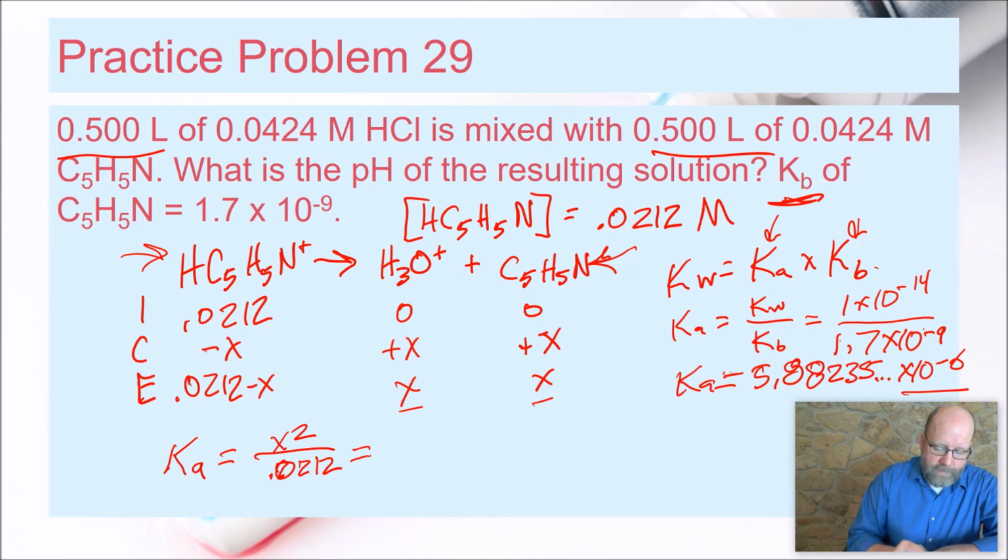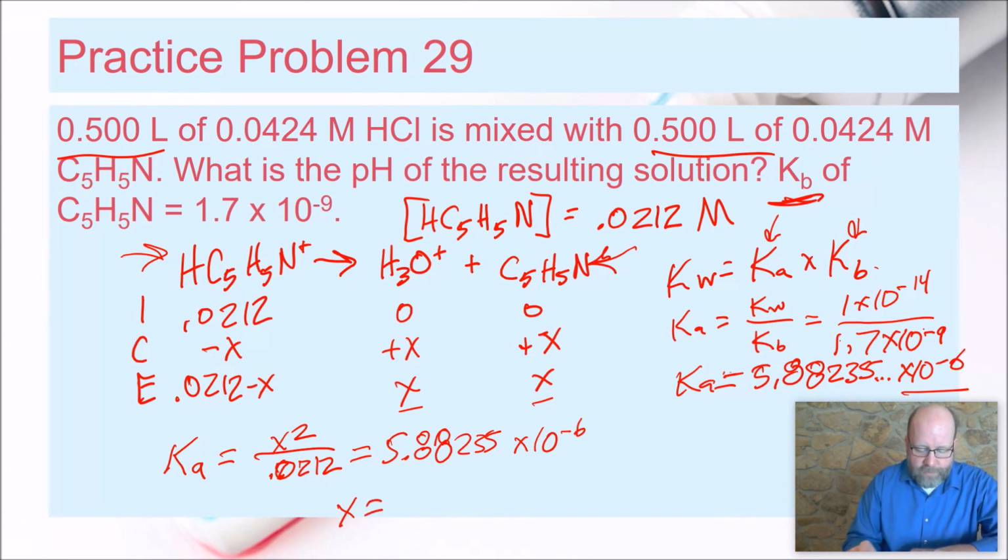And so, of course, the Ka is equal to that thing we just did over there, 5.88235 times 10 to the negative 6th. Right, so you're going to solve for X. In this case, you're going to multiply both sides by 0.0212, take the square root of both sides, and that will get us 3.5314 times 10 to the negative 4th.